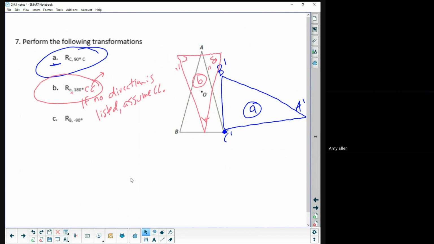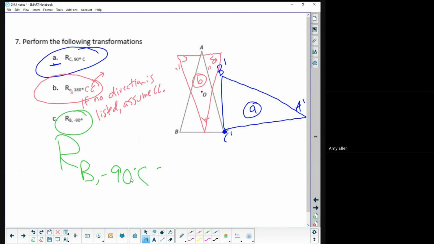We do need to discuss C because there's a negative 90 there. Let me write this one a little bit bigger. It doesn't have a direction. If there's no direction, it's going to be counterclockwise, so you can add that. Now, what does the negative do? The negative just means go the other way.